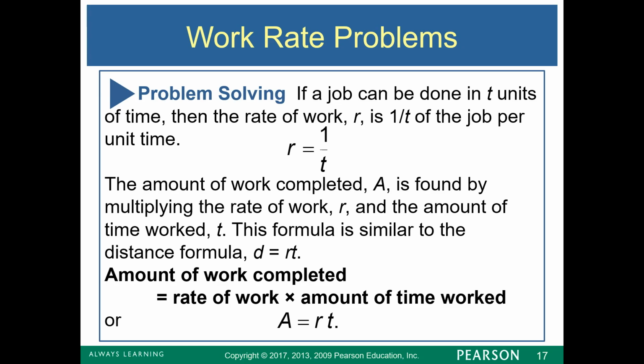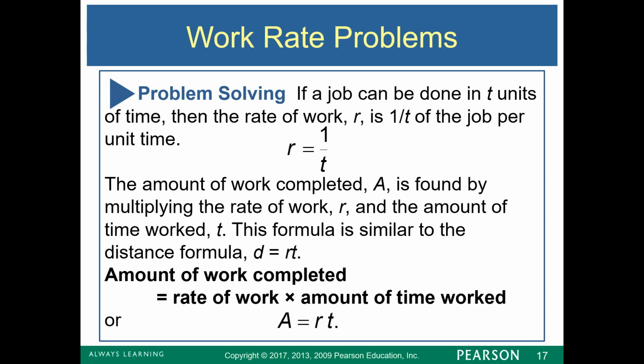So now here, a job can be done by the faster printer in X hours. Is that right? So the rate is going to be 1 over X. This is the rate for the faster printer. And now what will be the rate for the slower printer?